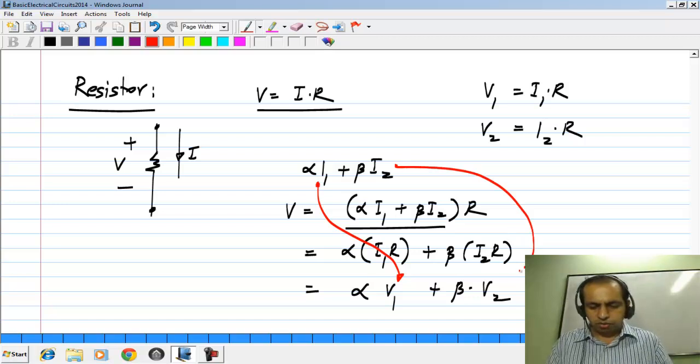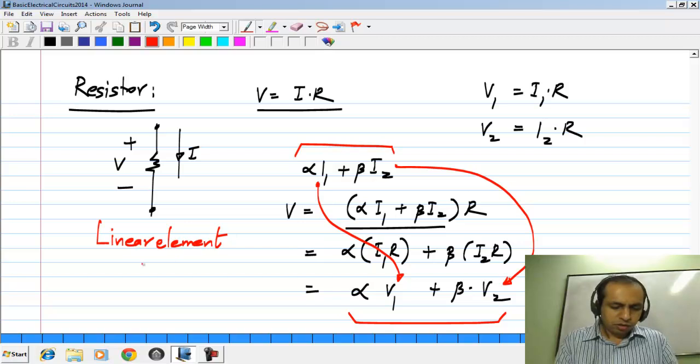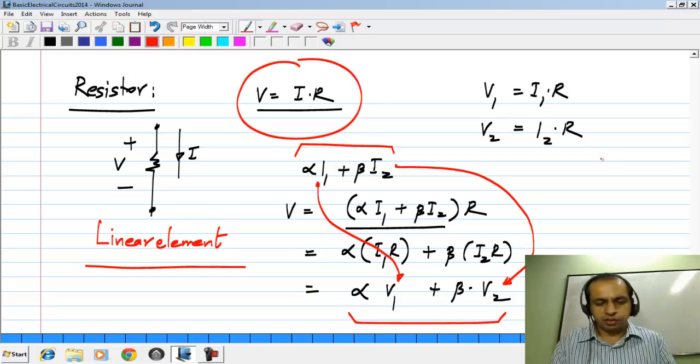If we applied I2, we would have got V2. So if we apply a linear combination alpha I1 plus beta I2, we will get the same linear combination of responses alpha V1 plus beta V2. So a resistor is very much a linear element. If you have a relationship that shows proportionality like this, it's a linear element. And an essential feature of this is that if I is 0, V is 0. That is, if the excitation is 0, the response would be 0.